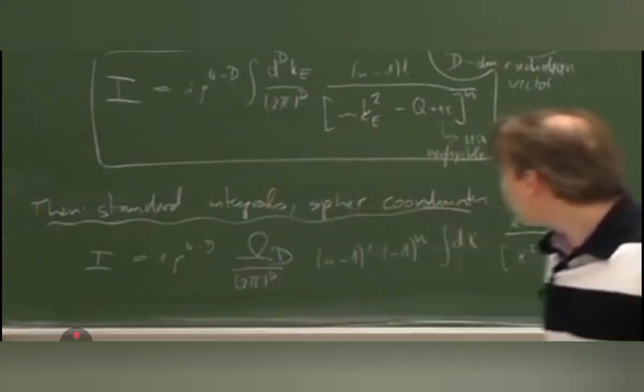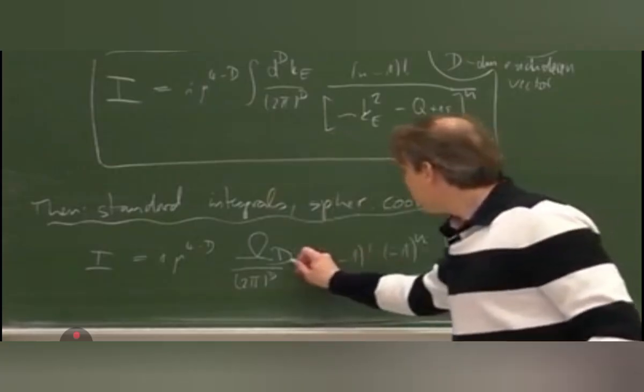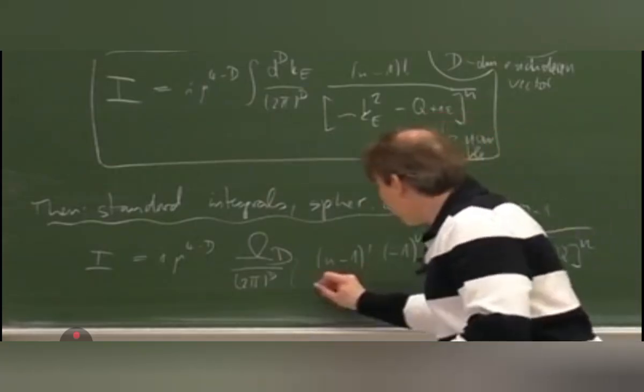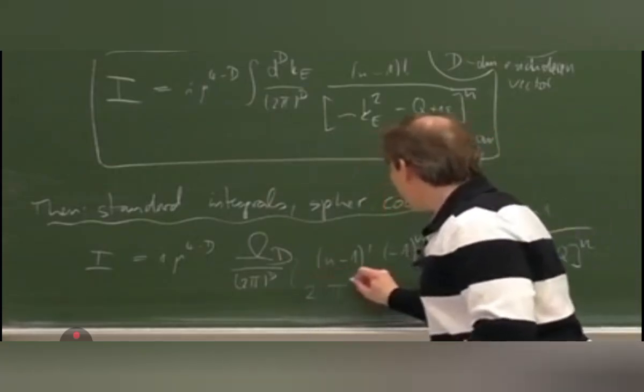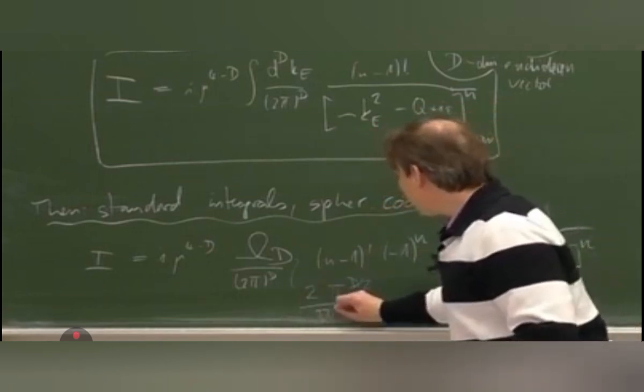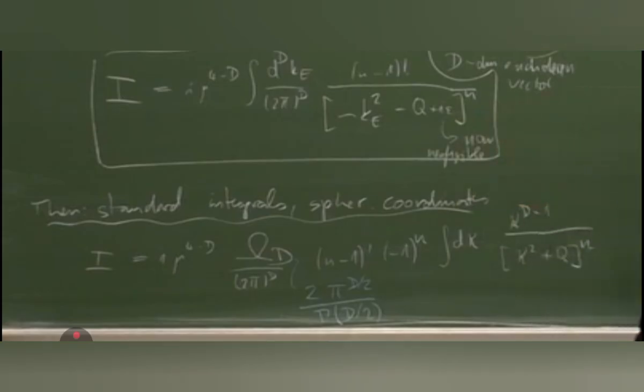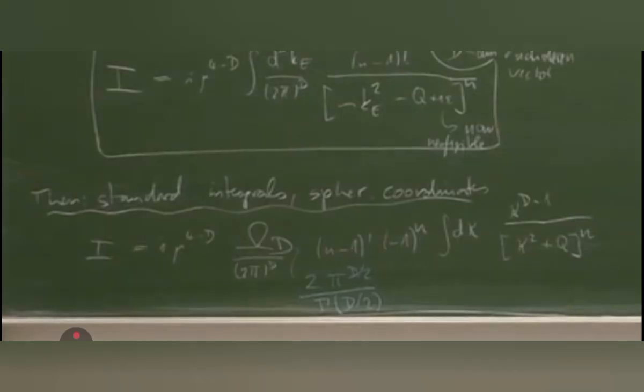You can calculate the surface of the d-dimensional unit sphere. The result is the following: 2 times pi to the power d over 2 divided by the gamma function, gamma with the argument d over 2. That is your exercise. It's not difficult once you know what the definition of the gamma function actually is. That is basically a very direct calculation.